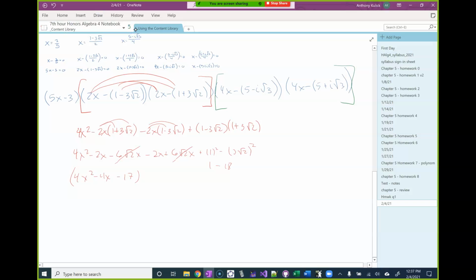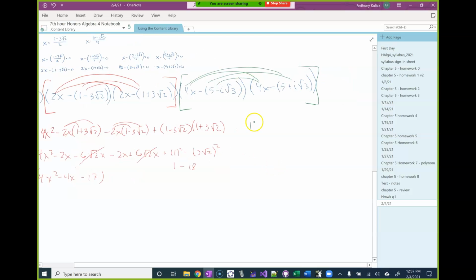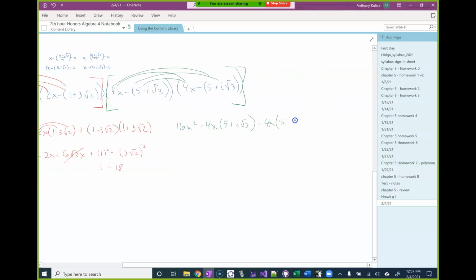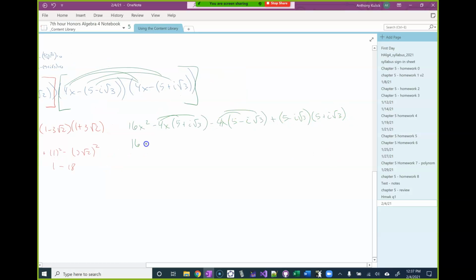And then again, difference of two squares. And those two guys cancel out. 25. And then i root 3 squared is just going to be negative 3. So that's going to be plus 28.